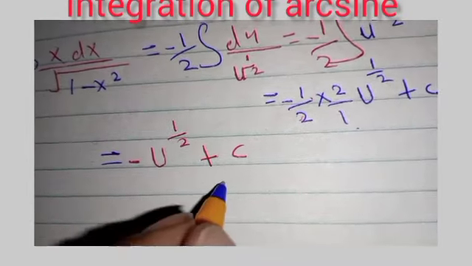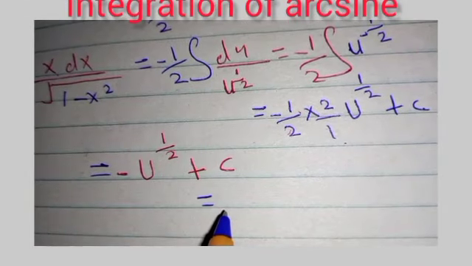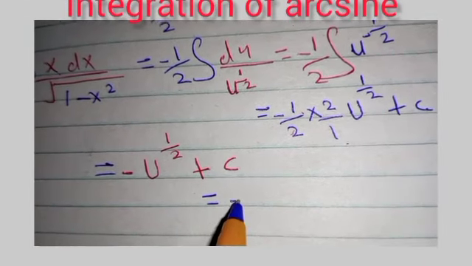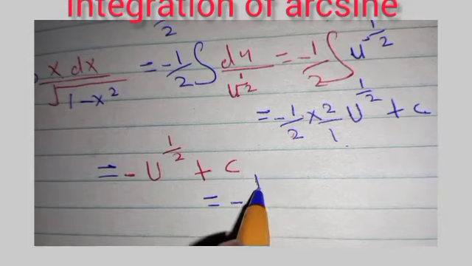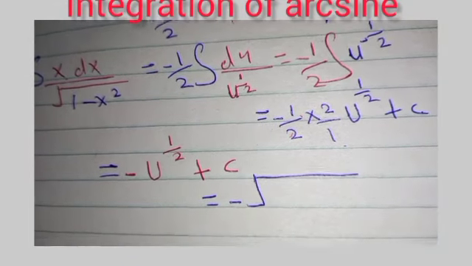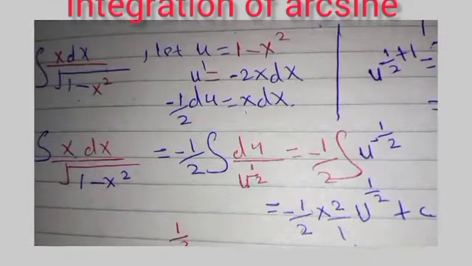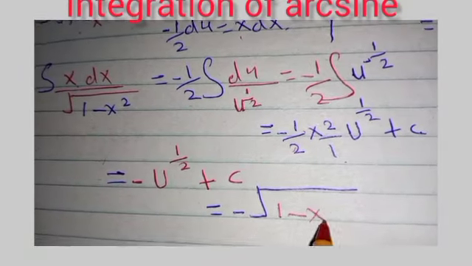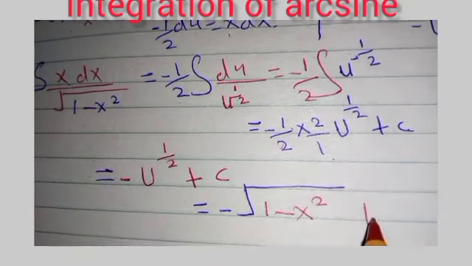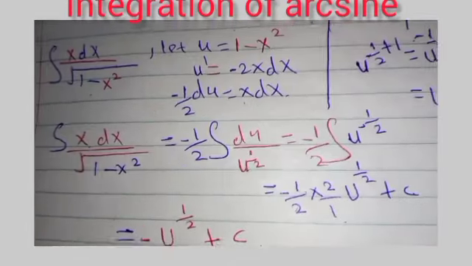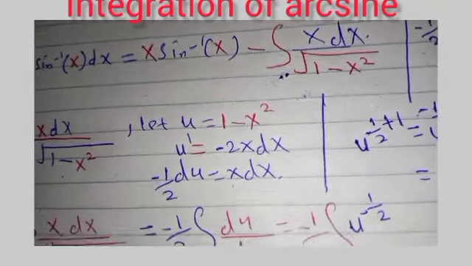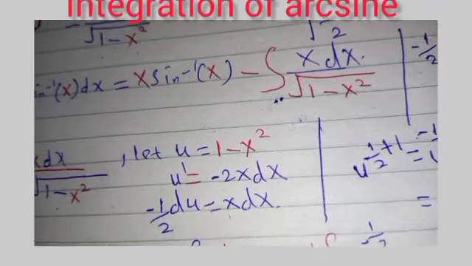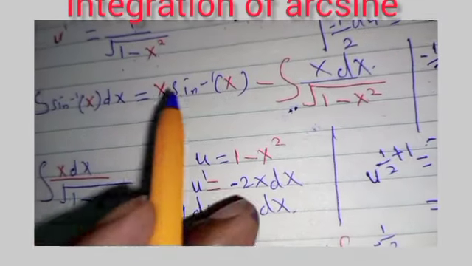Which is equal to negative square root of, then we substitute back, our u is 1 minus x squared, plus constant c. Then we come back and substitute the other value. Remember, this is where we were.